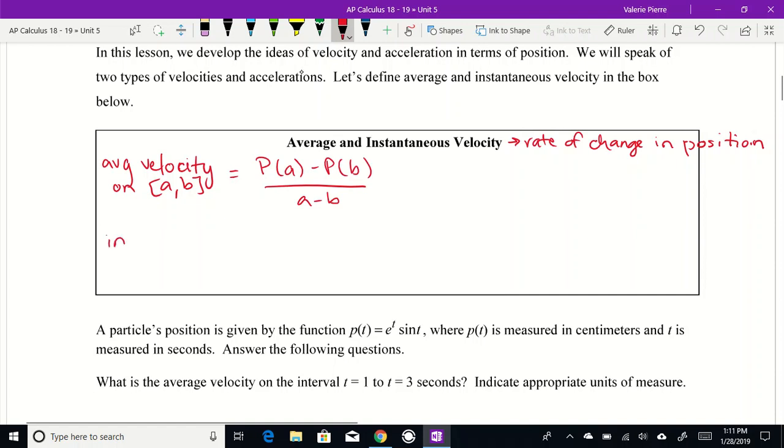And instantaneous velocity is equal to the derivative of the position at some value C. Okay, so P of T equal to our position function.